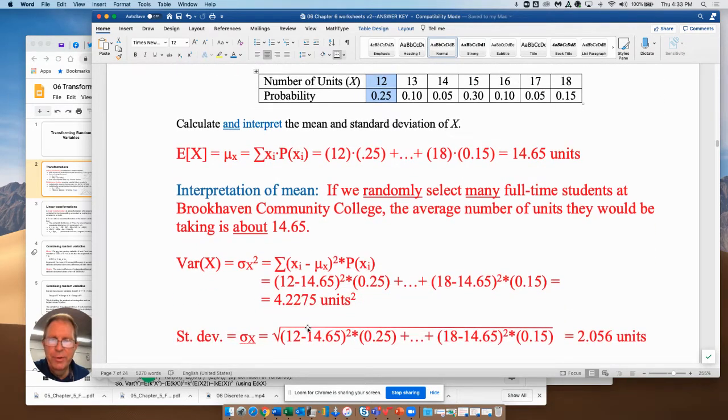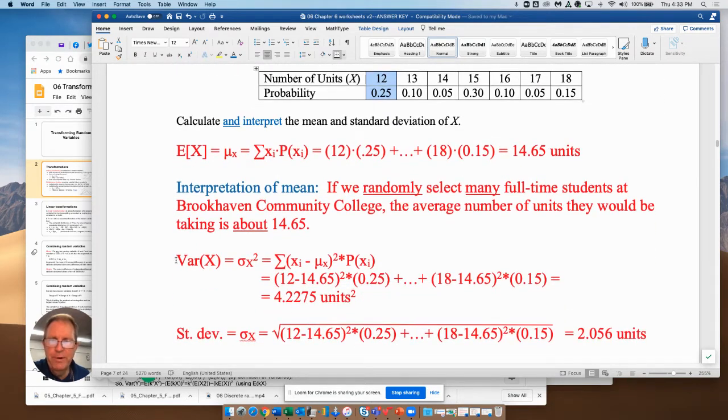Now there's 2 ways of doing it. We can calculate the variance first and then take the square root of that number. Or we could go directly to our standard deviation formula. Now, I'm going to just explain briefly the standard deviation formula. So what I have here, we just calculated our mean to be 14.65. So I'm going to take each observation, 12 minus the mean, I'm going to square it, times the probability.